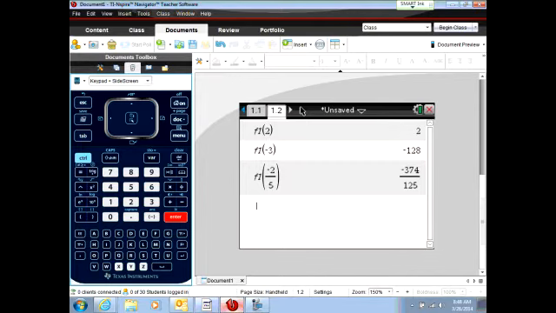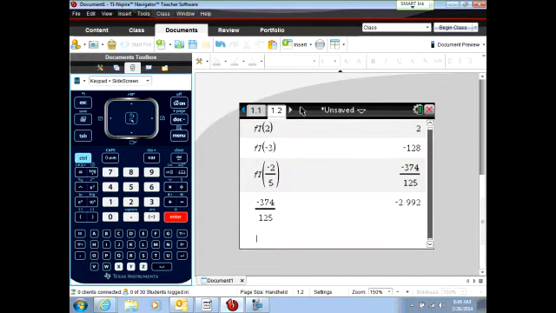If you want to switch this to a decimal, go up and select it by hitting your up arrow, hit enter to bring it down, and then if you want it as a decimal, notice above enter is the squiggly lines, meaning approximately. So we'll hit Control, enter, to have it as a decimal. So to the nearest thousandth, or to 3 decimal places, we've got negative 2.992.